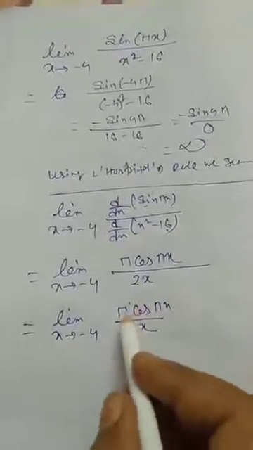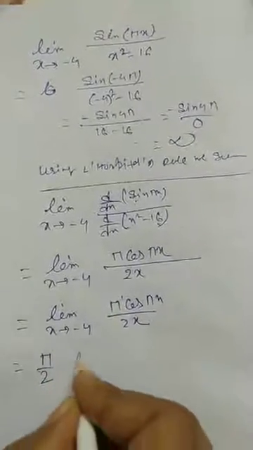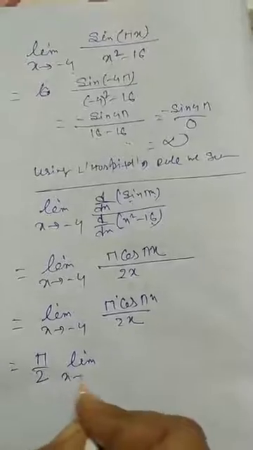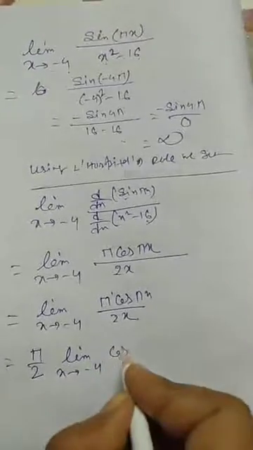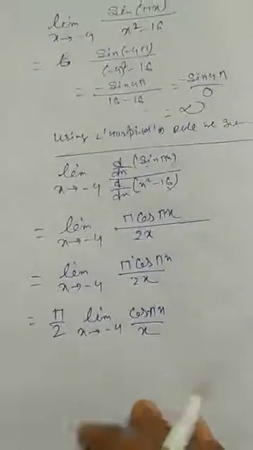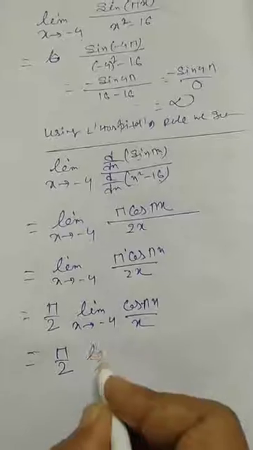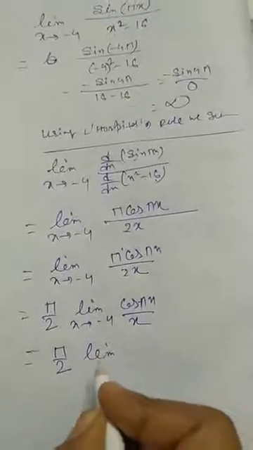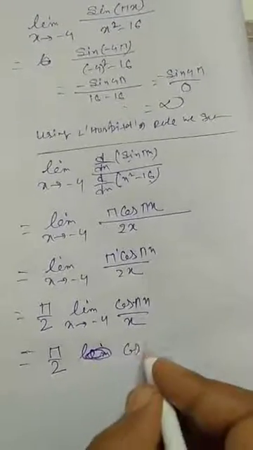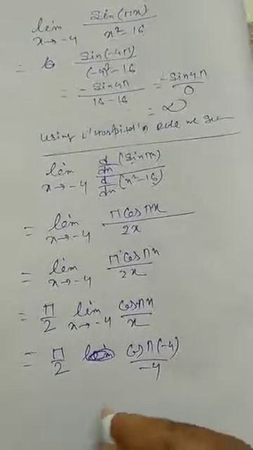Here we see that pi by 2 is a constant. So we write pi by 2 limit x tends to minus 4 cos pi x by x. Simply put the value. This is equal to pi by 2 cos pi into minus 4 by minus 4.